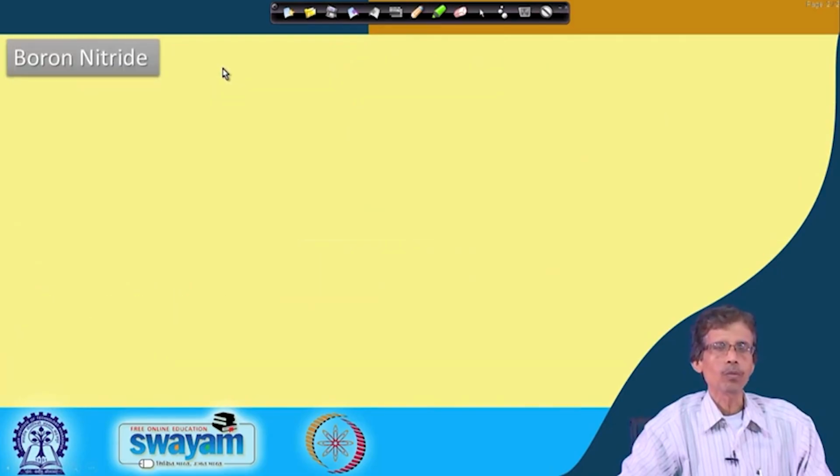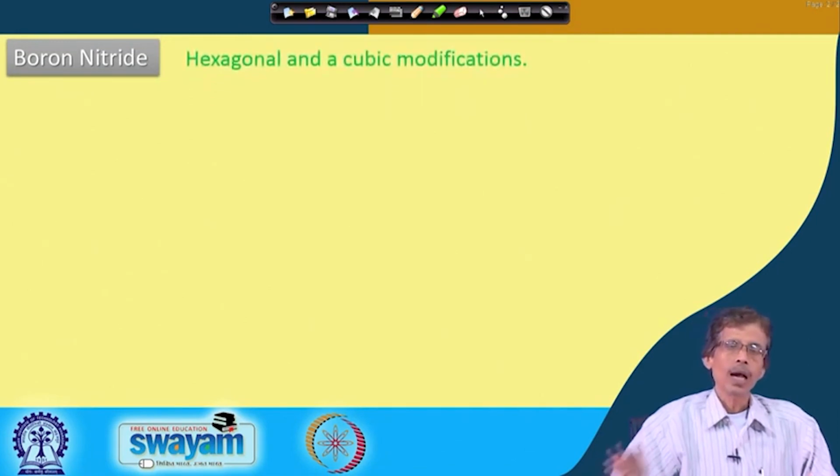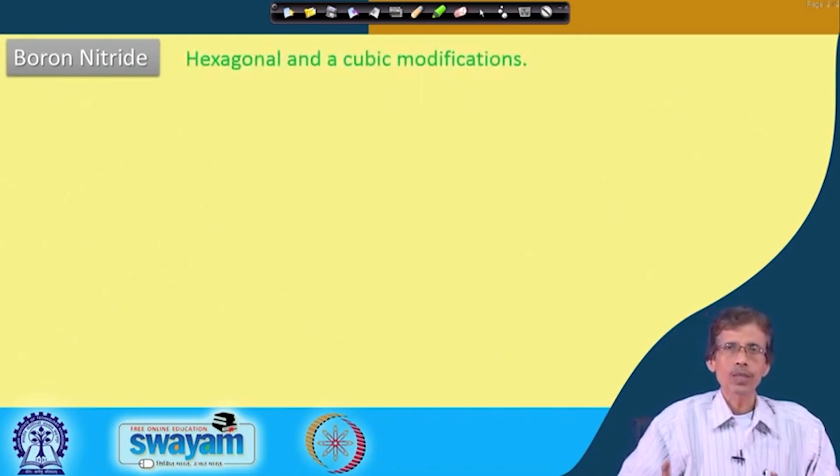Then we go for the nitride variety of boron. So, the boron nitride is there in your hand now, and this can have two typical varieties. Most of the time we know that solid state materials can be either a cubic variety or a hexagonal variety, depending upon the two types of crystal structures.